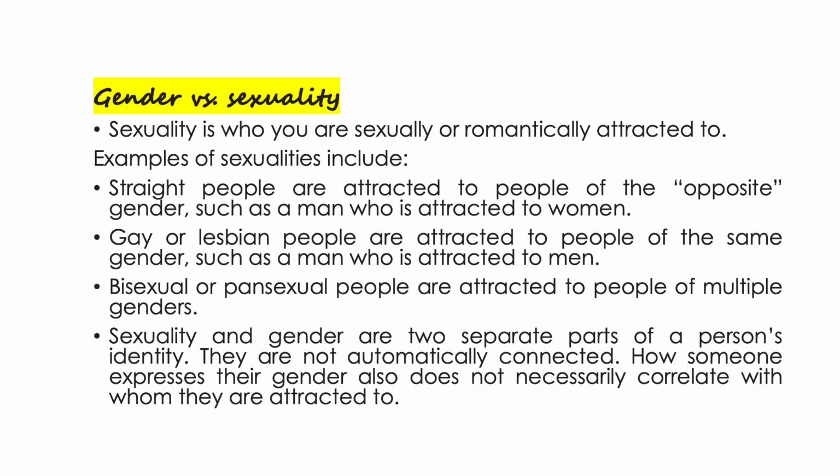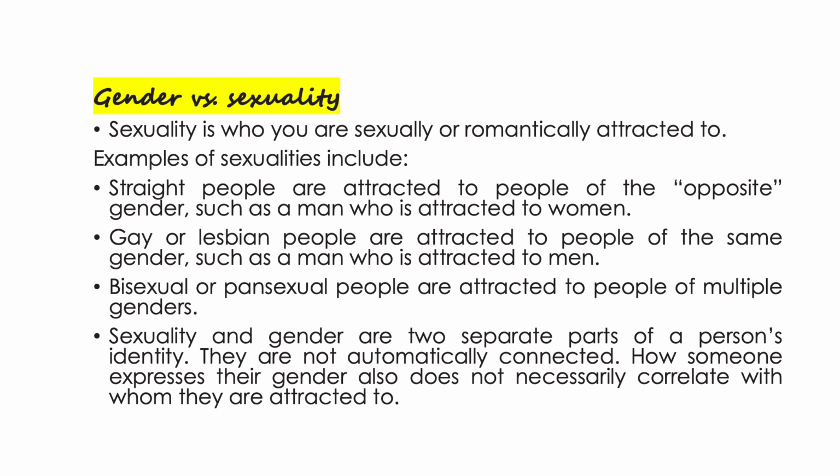Okay, so for gender versus sexuality, sexuality is who you are sexually or romantically attracted to. So examples of sexualities include straight people are attracted to people of the opposite gender, such as a man who is attracted to women.